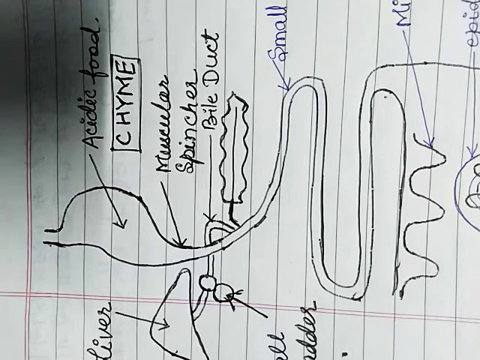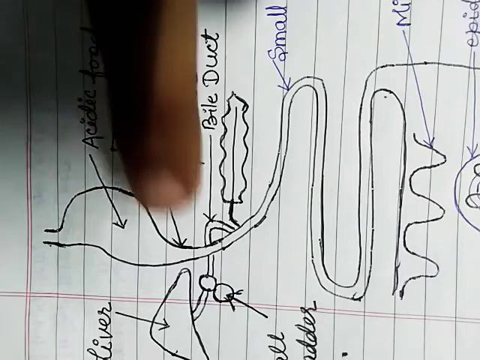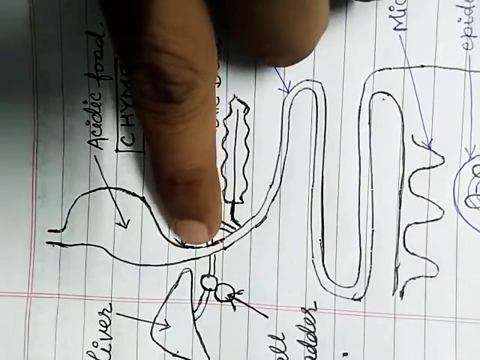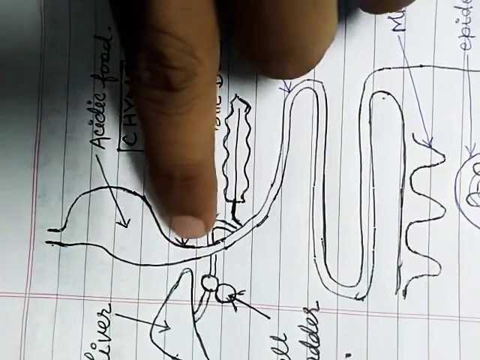The food of the stomach is acidic in nature and comes to the small intestine through a muscular sphincter, which is at the bottom of the stomach.